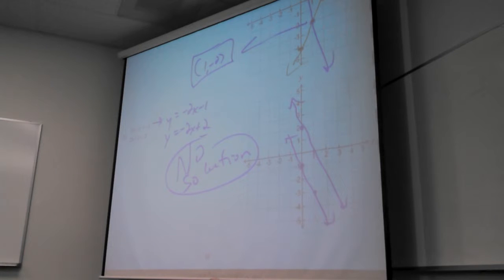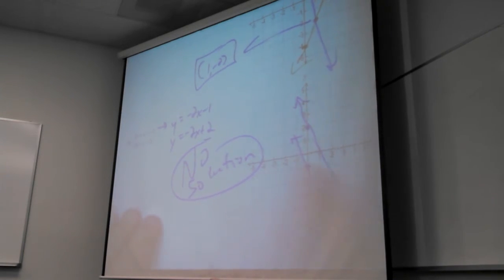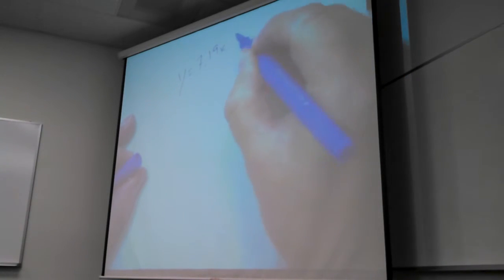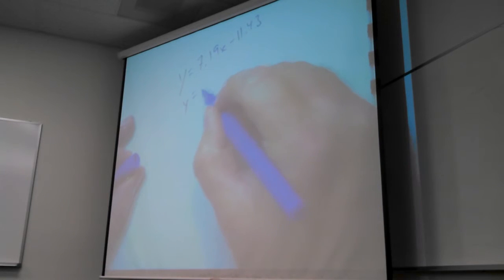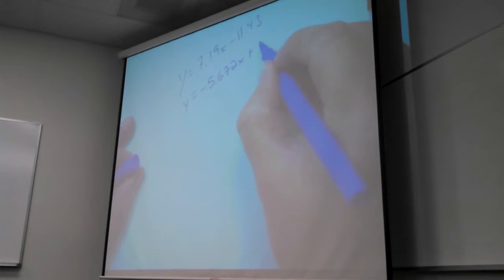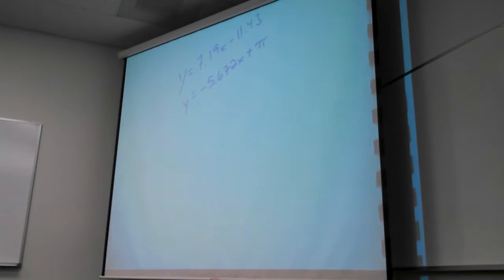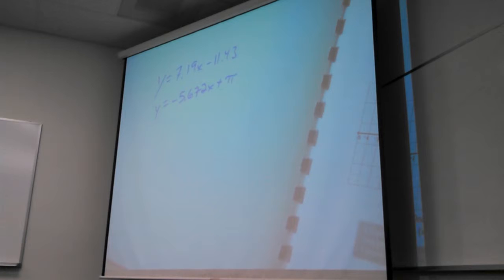So let's see a little motivation as to why this is not good enough in general. If I actually had to solve this set of equations, do you want to solve that graphically?